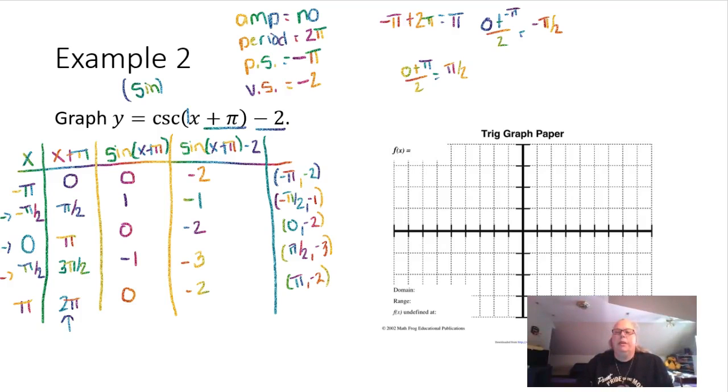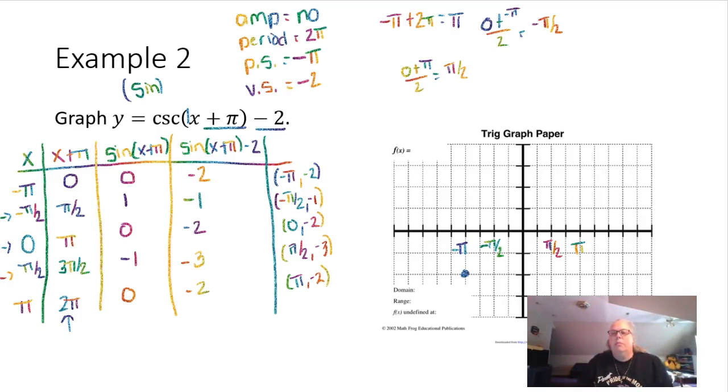All right, let's come over here and scale this. We can call this one negative pi over 2, and then this one will be negative pi, and then this one will be positive pi over 2, and this one will be positive pi. All right, negative pi, negative 2 is going to be right here.